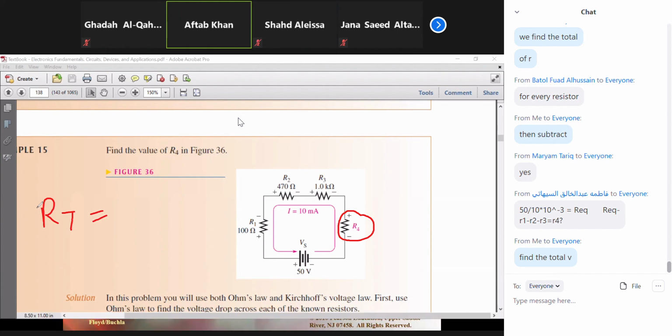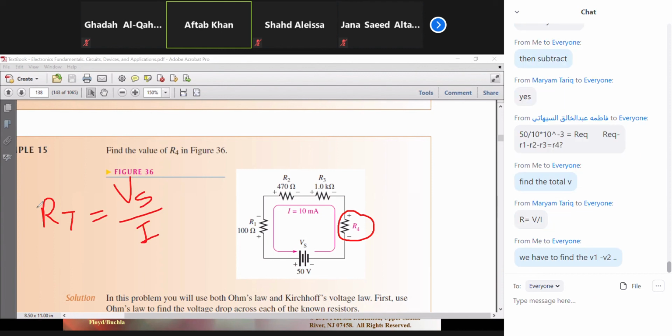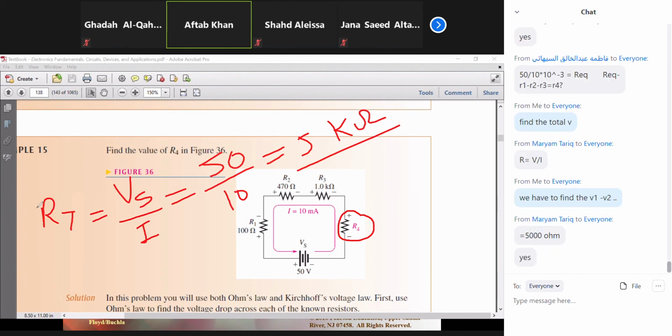Because R4 is unknown, you can get it as Vs over I. Once you know the RT, then you can apply the formula for the total. So it is 50 over 10 milliamps, which is 5 kilo, or 5,000.